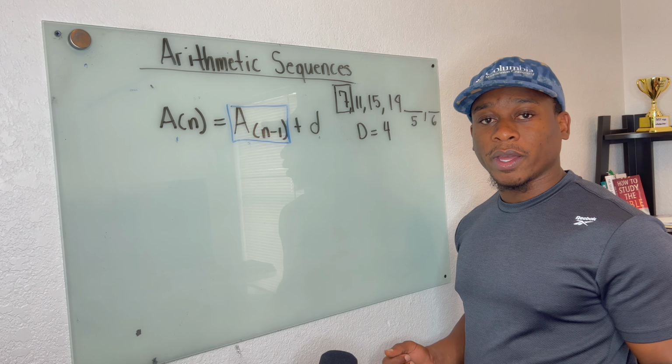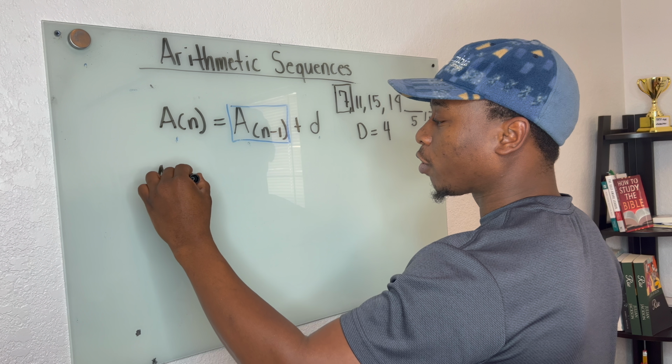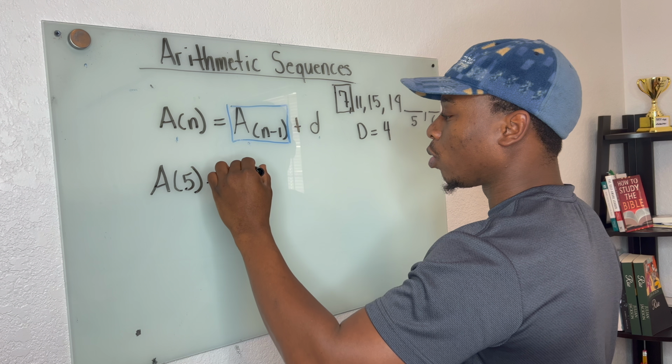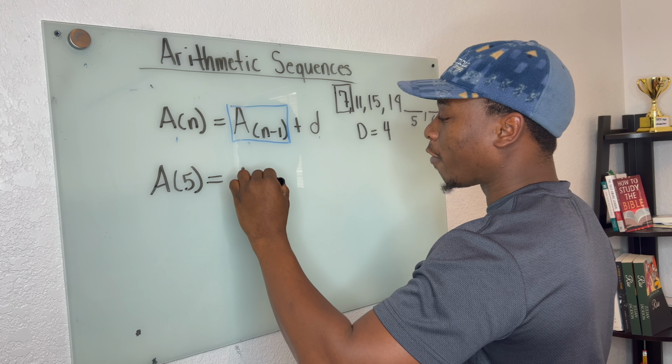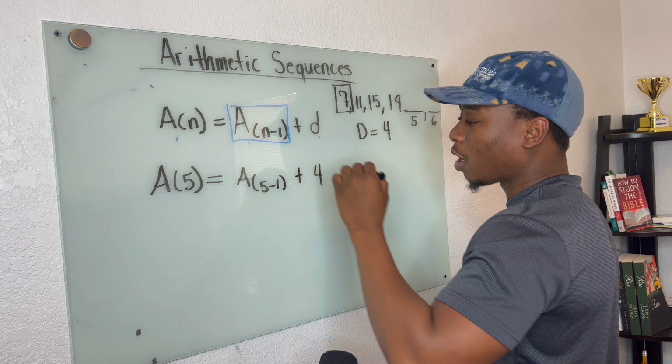So how do we do that? When we use the formula, we're looking for the fifth term, a of 5. And this is equal to a of 5 minus 1 plus the common difference.